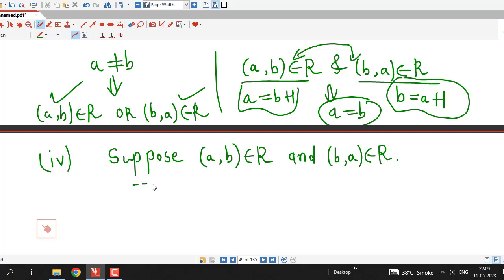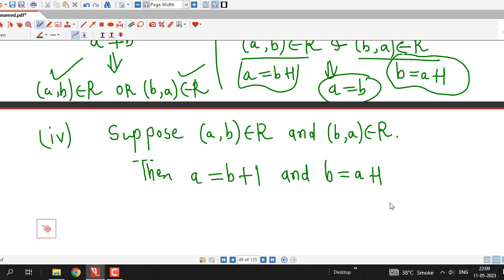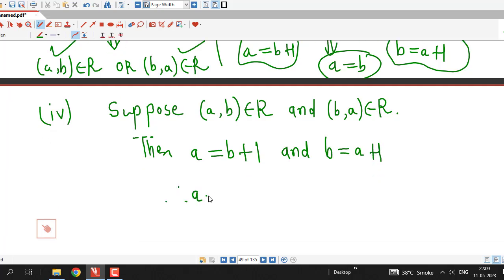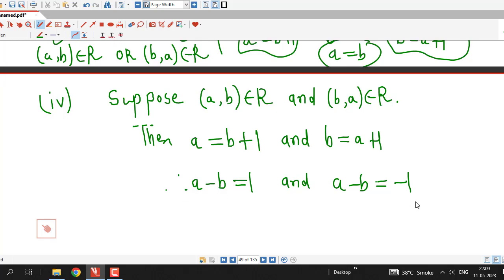Now if (A, B) belongs to R, then we must have A equals B plus 1, and if (B, A) belongs to R, then we must have B equals A plus 1. From this I can write that A minus B equals 1, and from this that A minus B equals negative 1. The left hand sides are the same, therefore we have 1 equal to minus 1, but this is not possible. So this is a contradiction to the assumption.